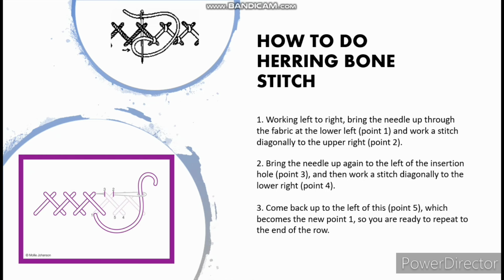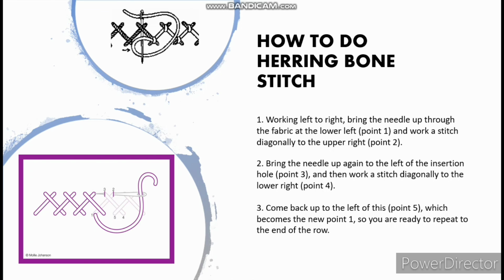Bring the needle up again to the left of the insertion hole. That is point 3. And then make a stitch diagonally to the lower right, which is point 4.